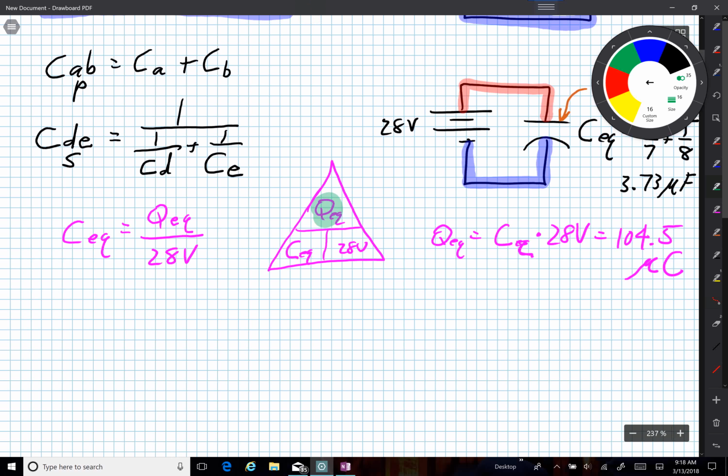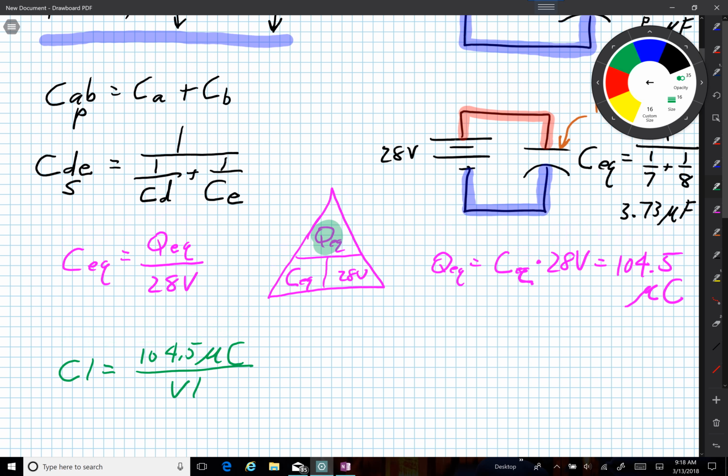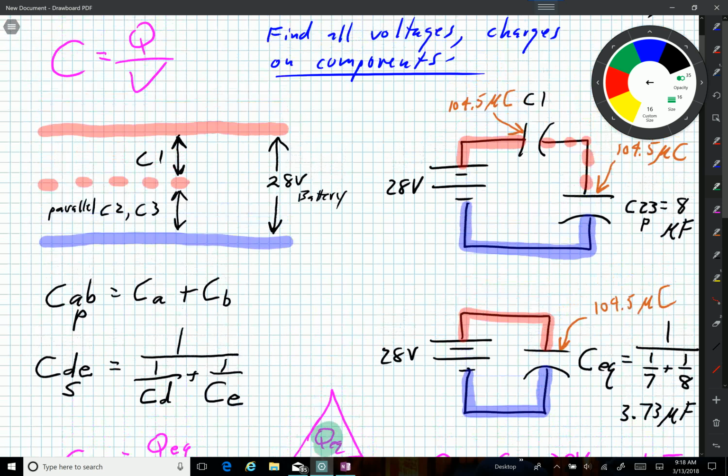So now I've got some different things that I know. Let's say C1 equals 104.5 microcoulombs. That's Q over V1. And this is V1. That's the voltage across capacitor 1.